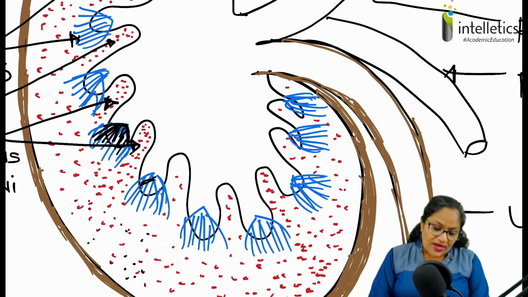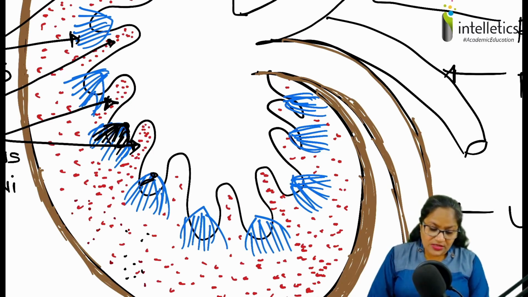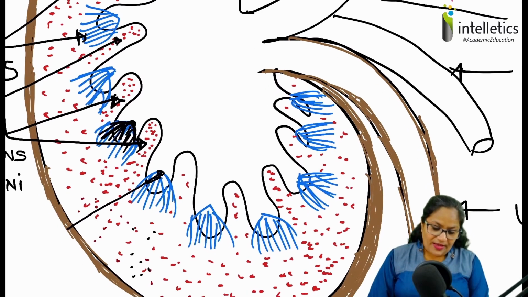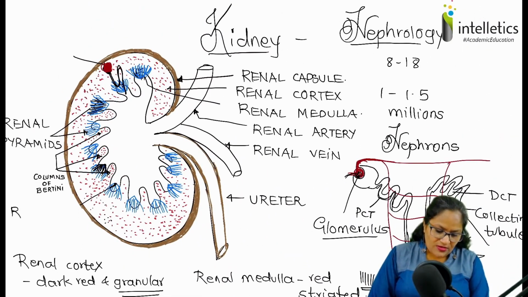And this renal pyramid has a small opening at the tip so that this urine can be discharged here, and this is called the renal papilla. So I shall label this. This is the renal papilla.